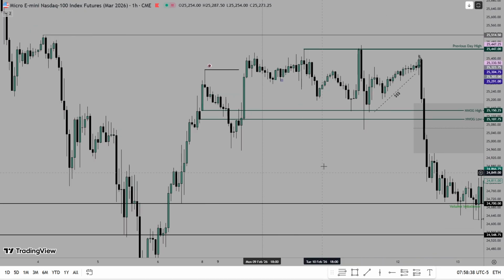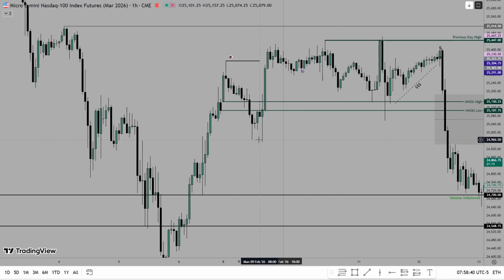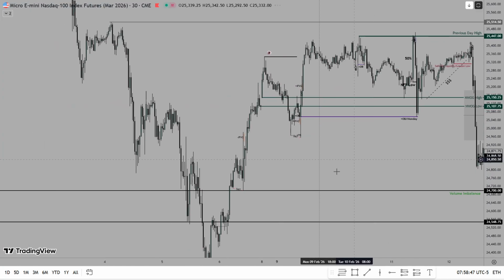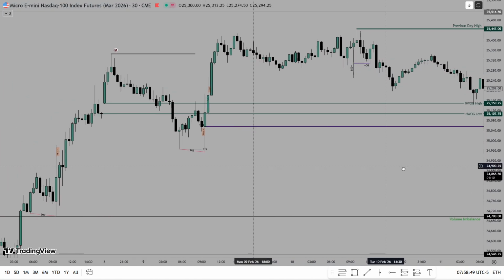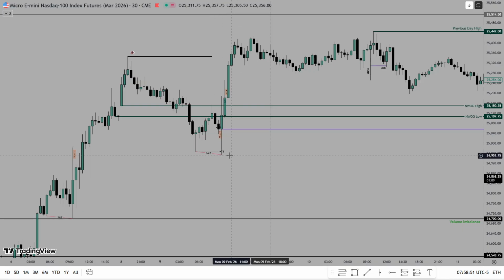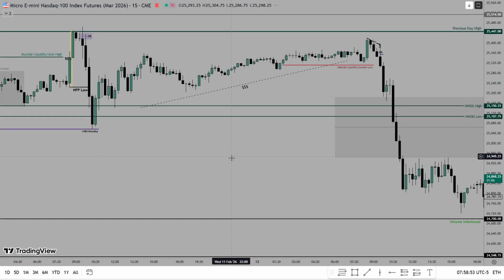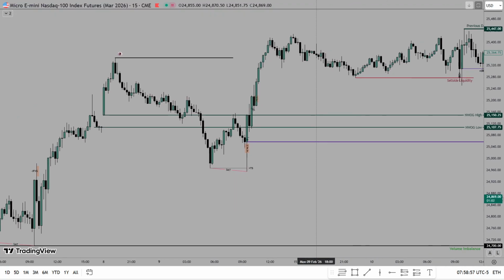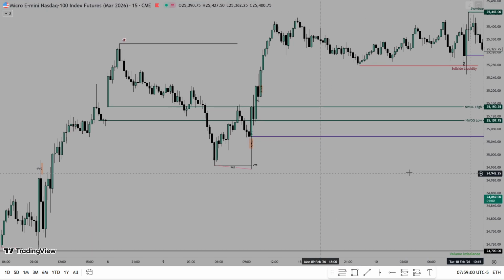This is also visible in the hourly chart. Same here. Here also.